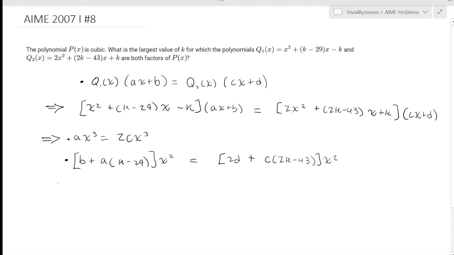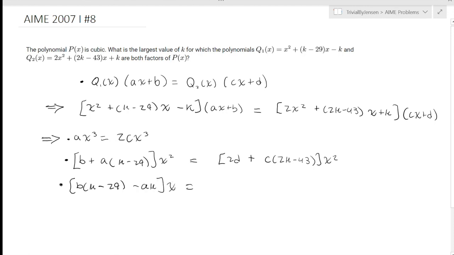Now for the linear terms, we have b times k minus 29, then we also have minus ak.